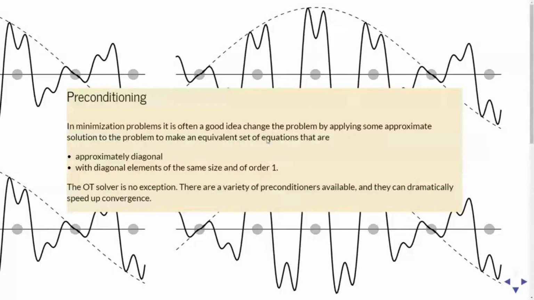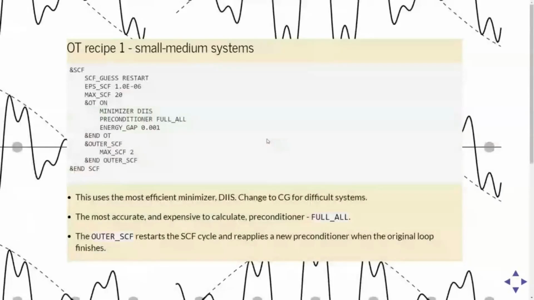And then after this outer step and this new preconditioning, it often will converge really quite quickly. So that's why it's a good idea to have this outer SCF step, and perhaps a moderate, maybe 20 or 30 inner SCF cycles, and then going to the outer, reapplying the preconditioner. So this only applies to OT. It doesn't do anything for the traditional diagonalization.